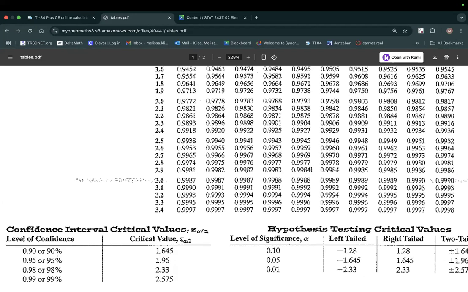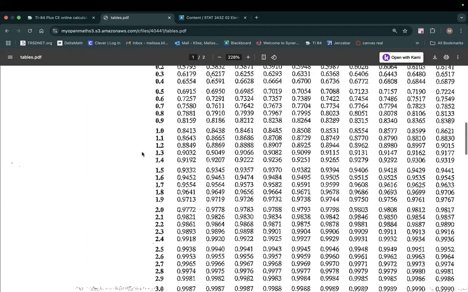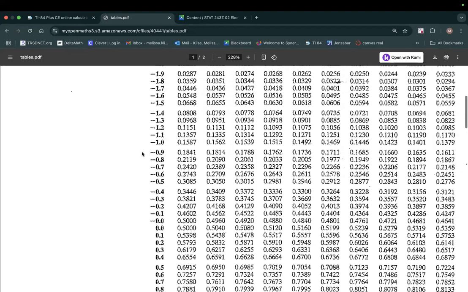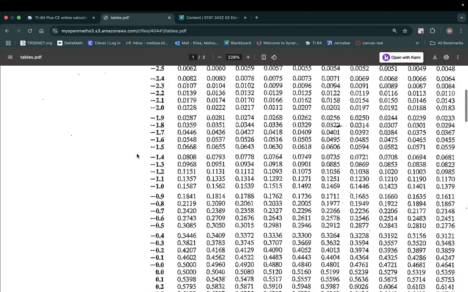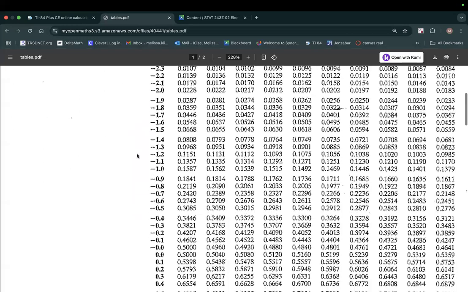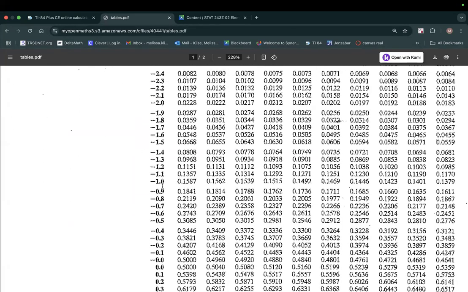That number is 0.9984. Then I'm going to subtract off the negative 1.02. Let's scroll down. So negative 1.02. Oh, I went too far. 1.0012. So right here is my negative 1.02.